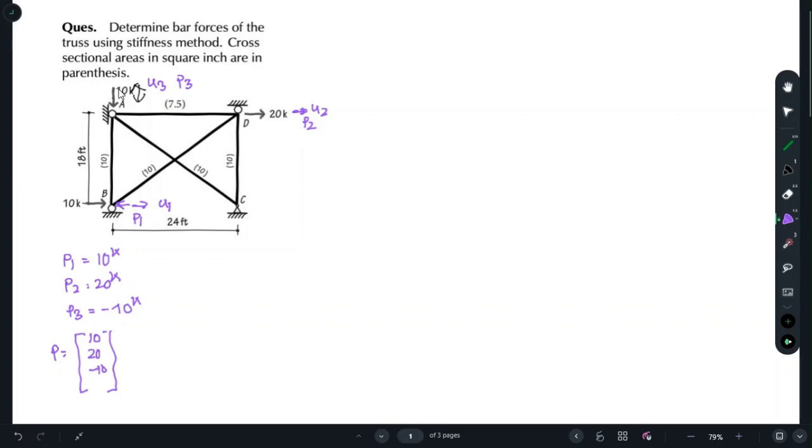To find out U1, U2, and U3, we form an equation. We call that the stiffness equation. Let's write that.